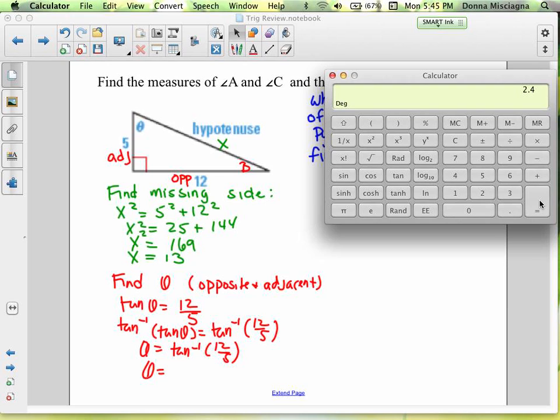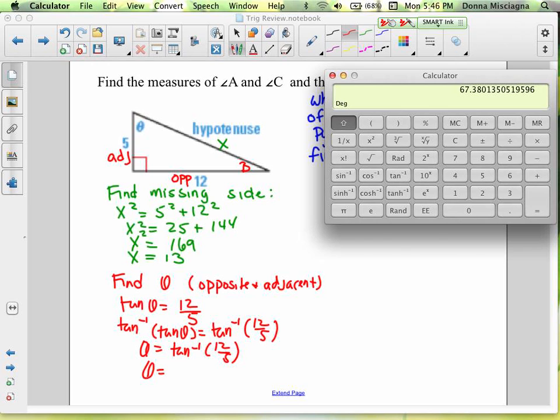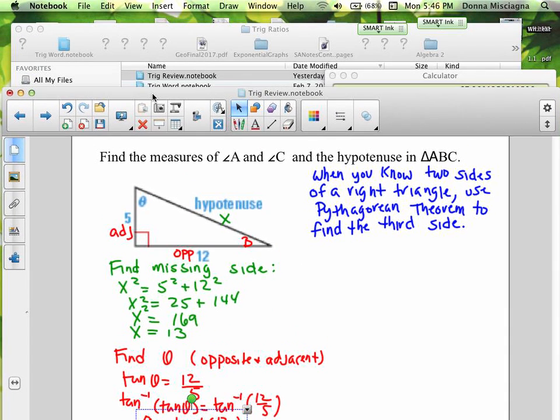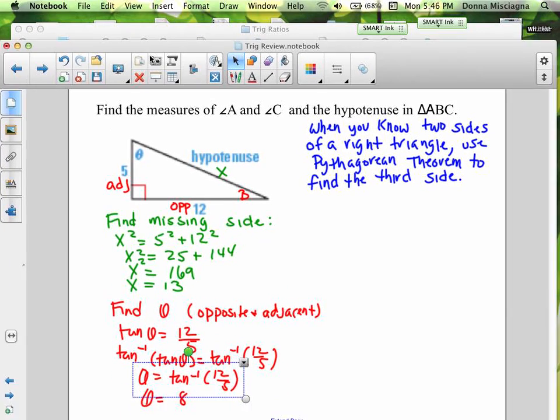And then we're going to hit the inverse to get arctan, and that is a 67.38 degree angle. Actually, I think we did one like this in another lesson, but 67.38.